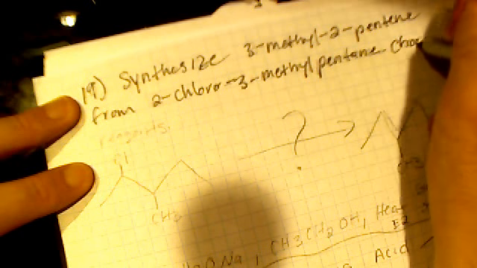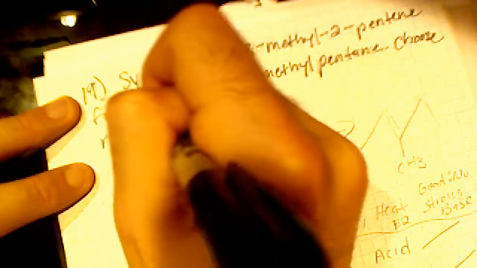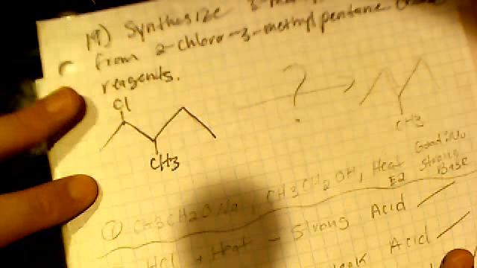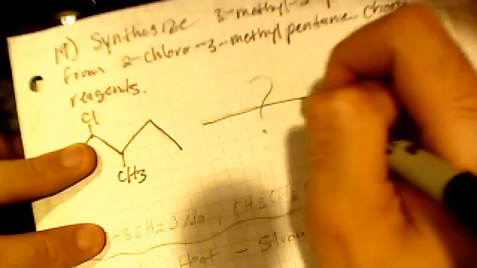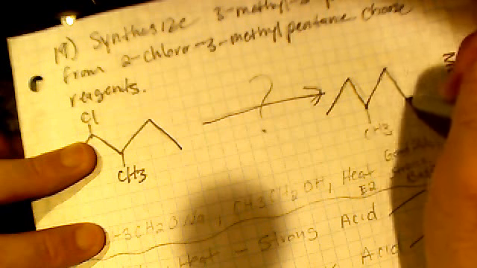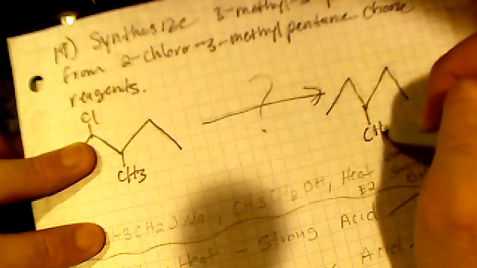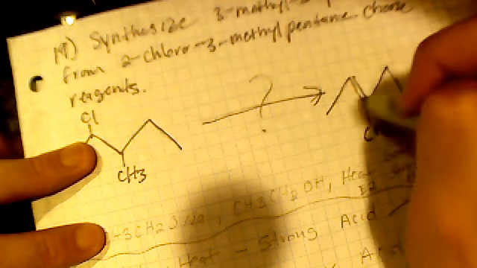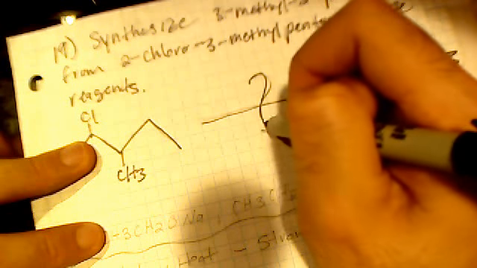And they want us to choose the reagent, right? So here is the molecule 2-chloro-3-methylpentane. We're going to produce 3-methyl-2-pentene. And what reagents are we going to use?